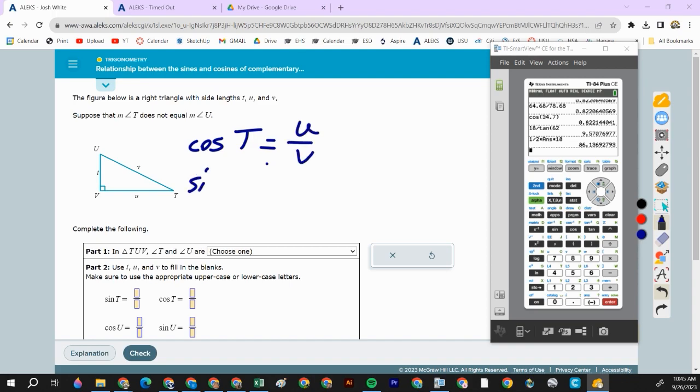How about the sine of u? Well, sine is o divided by h, but when I move from t to u, the opposite and the adjacent switch places, so this is also u over v.